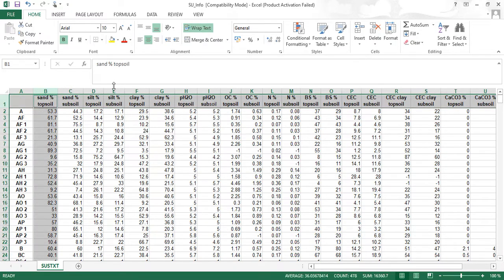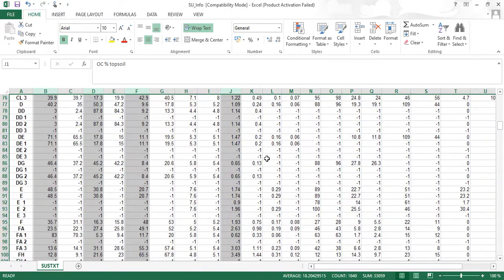Four columns: 1, 2, 3, and the organic carbon, which is the fourth one. So I'm going to extract just this information alongside my code.